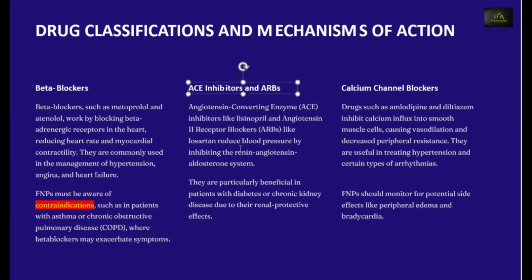And another thing you need to remember is the side effects of ACE inhibitors. Those side effects are angioedema and cough. When a patient develops angioedema, we know it is like a medical emergency, so you have to pay attention to it.